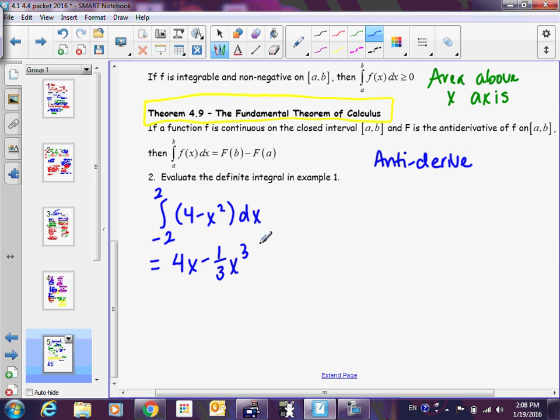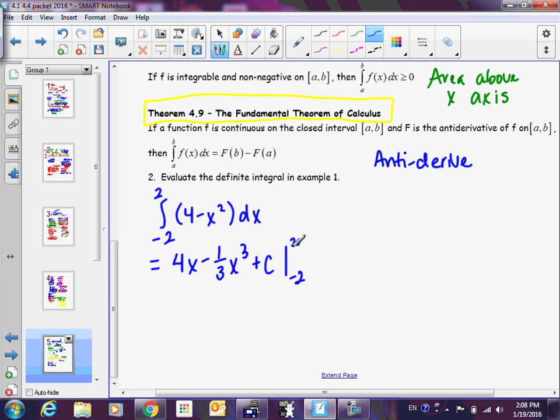I found the antiderivative. This is how you still represent the numbers. Oh, what am I forgetting? Plus c. If I could, I would write this plus c in a lighter shade of blue, but I can't, and I'm going to explain why in a minute. You see if you can catch on quicker than I'm going to tell you.